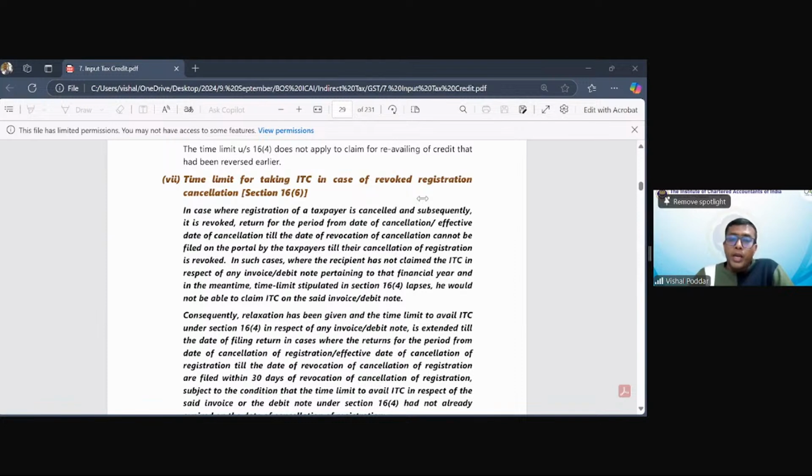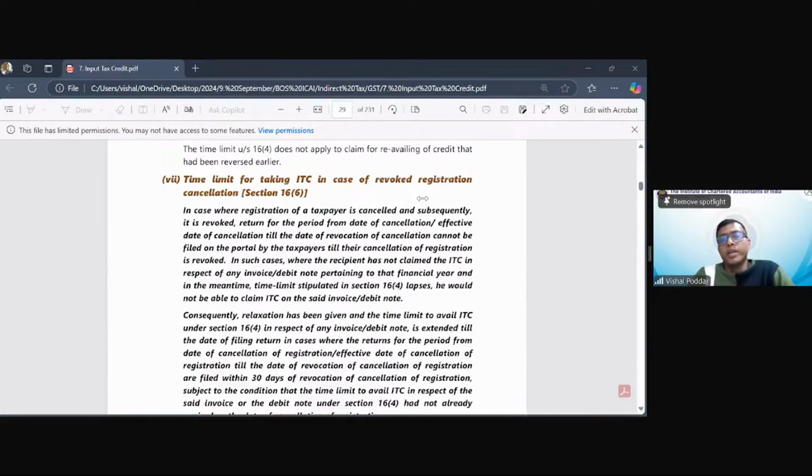Now, I have to take this credit maximum by 30th of November 25 as per the time limit we saw above. But since my registration got cancelled from January 25, I cannot file any returns. I cannot take ITC. And this continues till April 2026. That is for around 1.5 years.